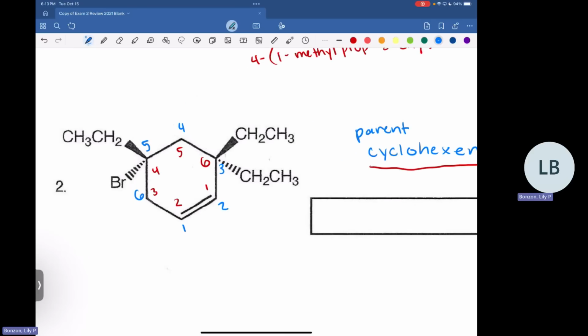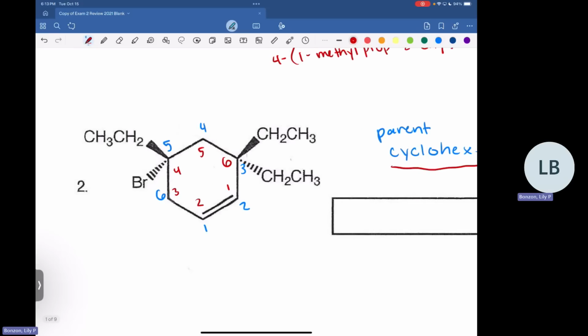So if we go around in red, we'll come to 2 substituents on 4 and then 2 substituents on 6. If we number around in blue, we'd get 2 substituents on 3 and then 2 substituents on 5. And so the first point of difference is going to be between the 3 and the 4s. So we're going to go with the numbering that gives us the 3s since those are the lower numbers.